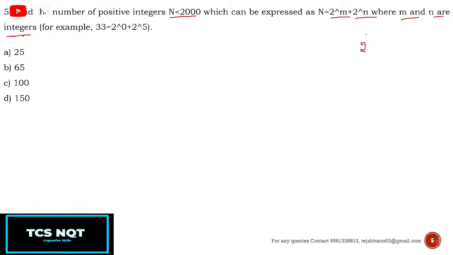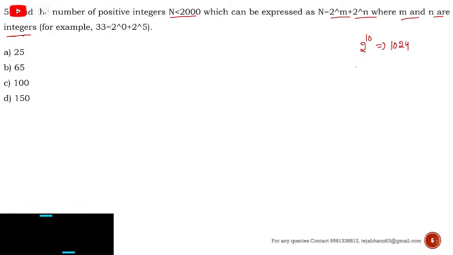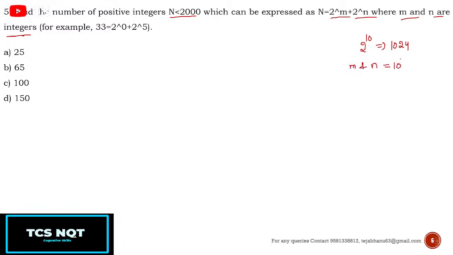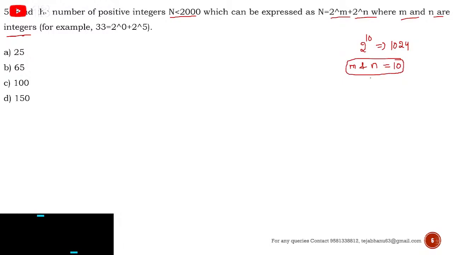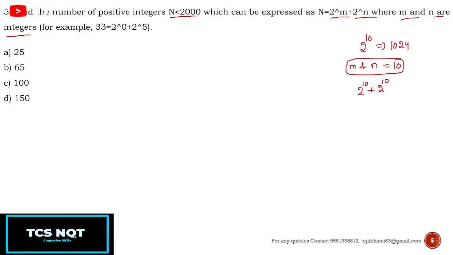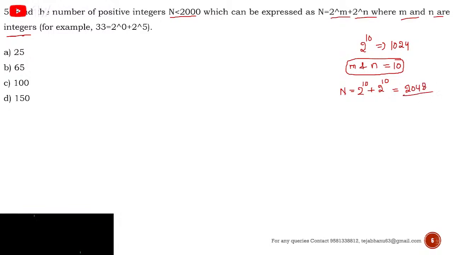We know that 2 power 10 is 1024. If I consider m and n both as 10, we'll get n is equal to 2 power 10 plus 2 power 10, which is 2048, which is greater than 2000.